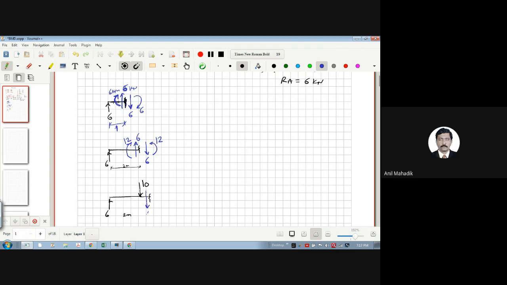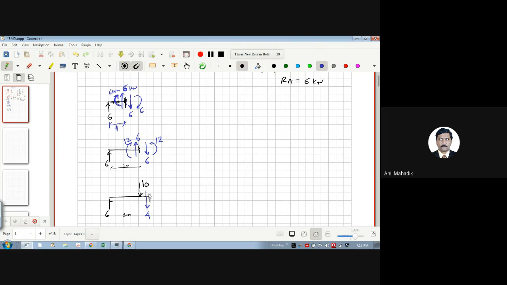Okay. Instead of writing minus, I'm just putting the arrow opposite. So see, this is positive because this is plus 6. Now this plus 6 minus 10 will be -4, so show it downward. And what will be the moment? This is just matching the section.